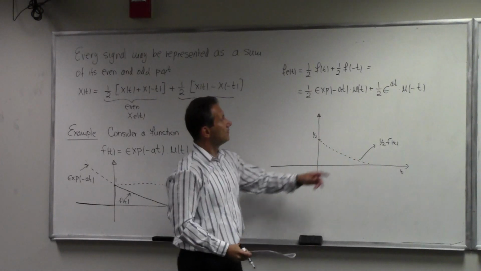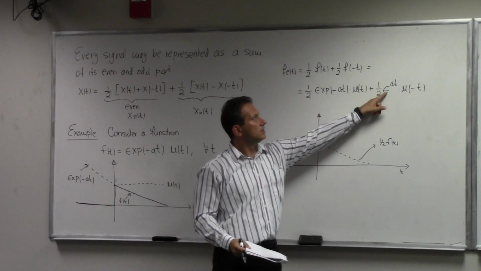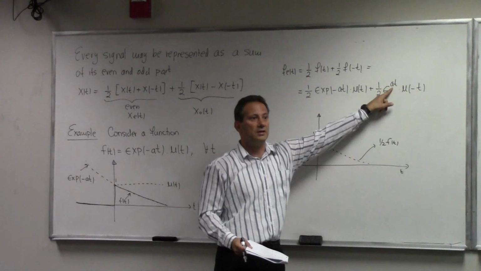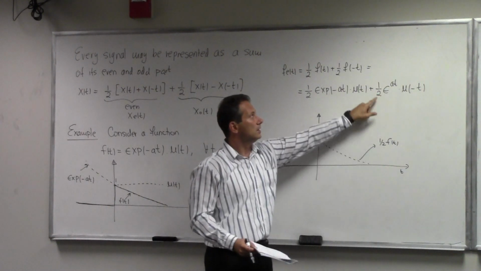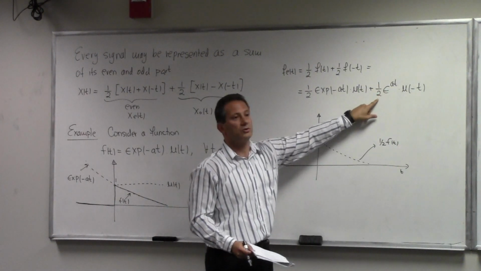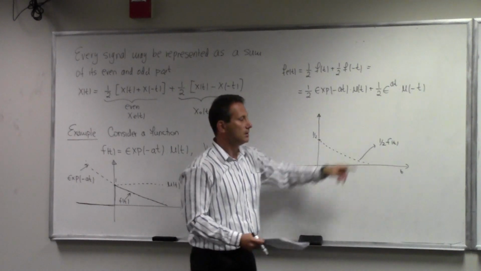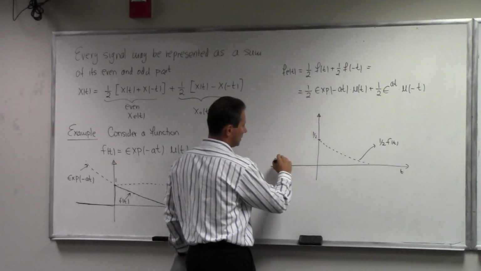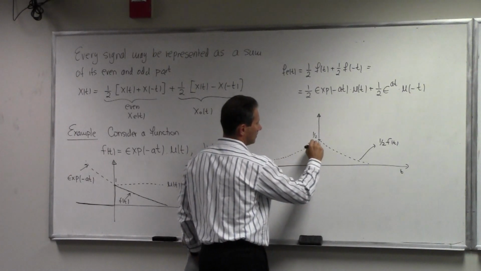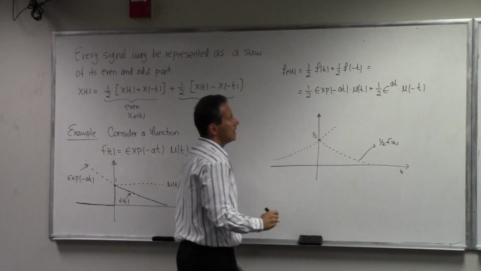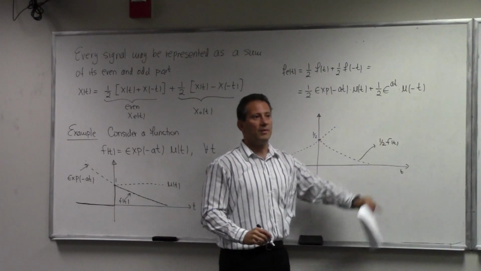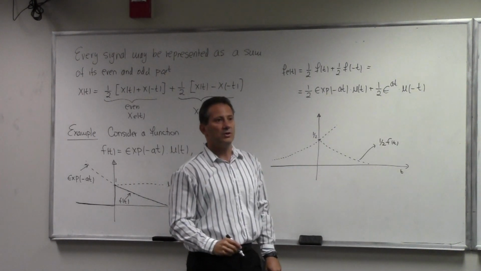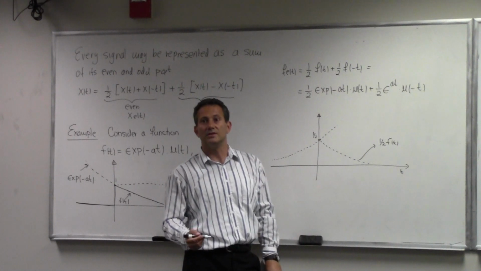How about the other guy? The other guy is exponential that is increasing, right? E to the at. For t equals 0, it goes to 1/2, right? So the other guy starts by looking like this. Now, u of minus t, how does u of minus t look like? Well, u is equal to 0 whenever t is negative.